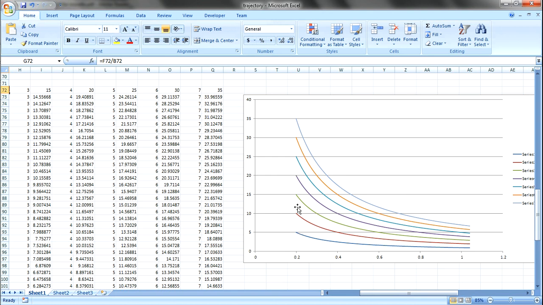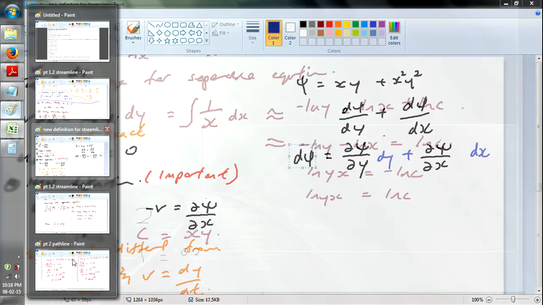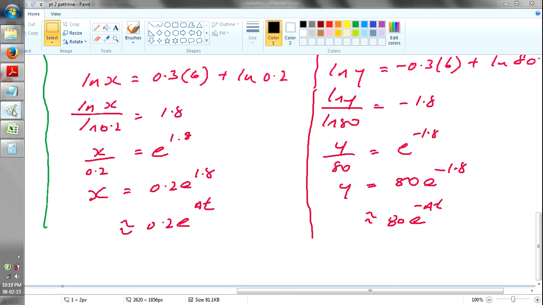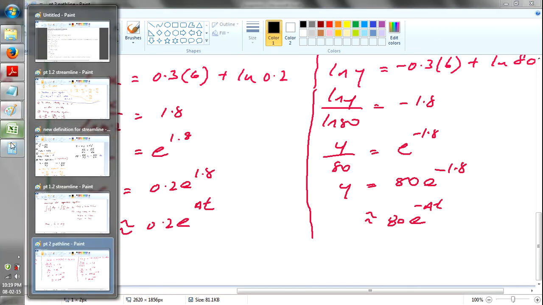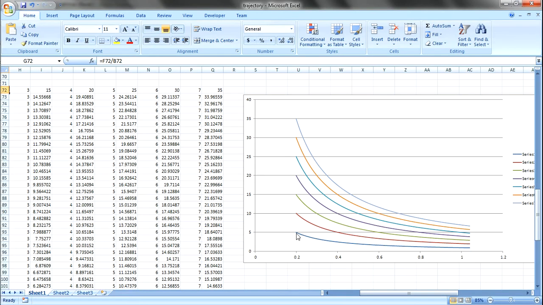At time 0, because we said that at time 0 it is 0.2, because e to the power 0 is 1, right? So 1 times 0.2 is this. So at time equals 0, we will have all these points over here: point 1, point 2, point 3, point 4. As you can see, 0.2 is in terms of the equation x.